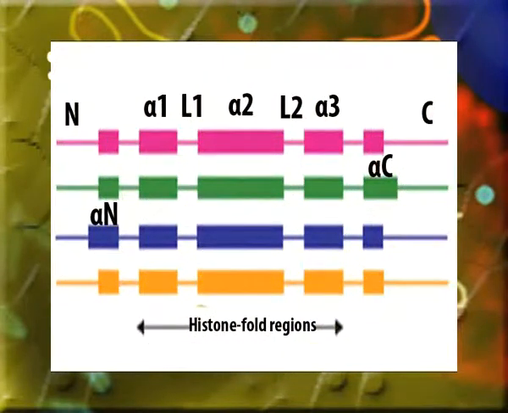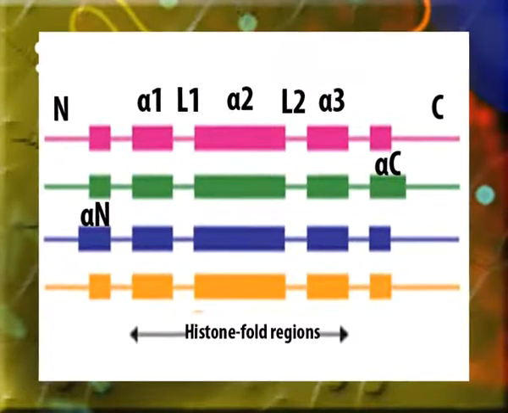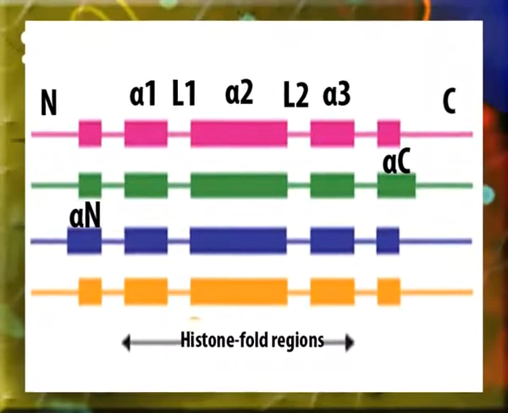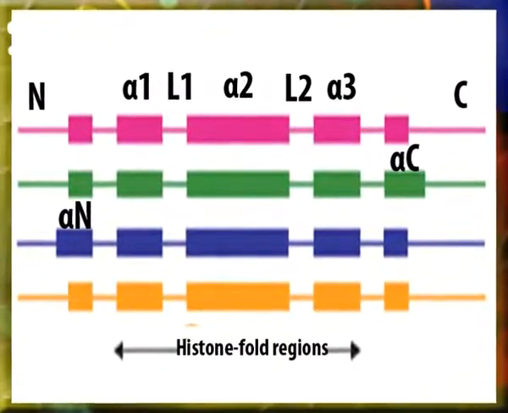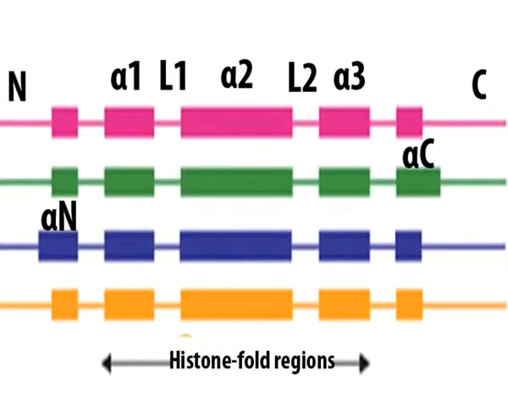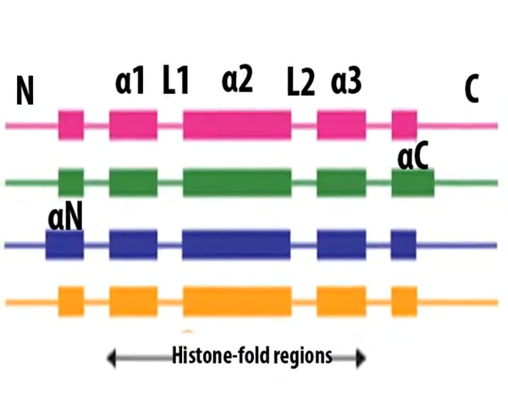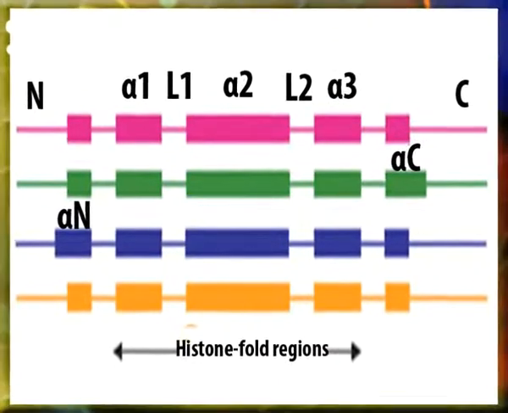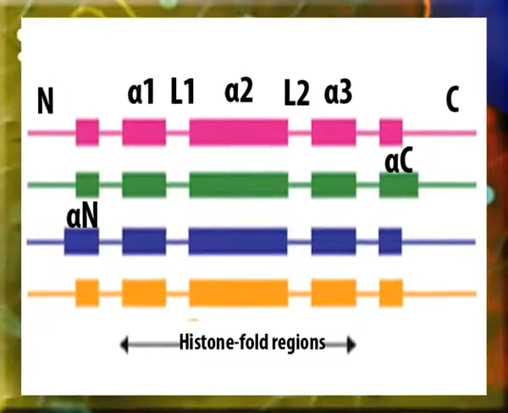The histone fold consists of three helices, alpha 1, alpha 2, and alpha 3, connected by short loops L1 and L2 respectively. During dimerization, loop L1 of one of the monomers, for example H3, aligns against loop L2 of the other monomer, that is H4, to form the so-called handshake motif that interacts with DNA.